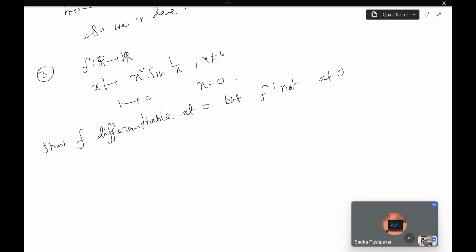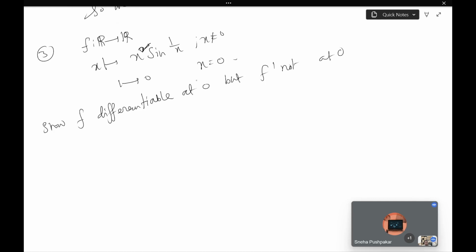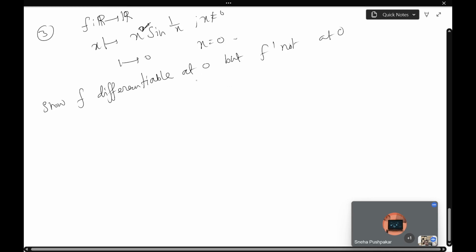But look, this is x squared sine 1 by x. I think you may have taken x sine 1 by x, right? No, sir. Maybe I'm making some mistake. Okay, so look at this solution and let me know where your mistake is.